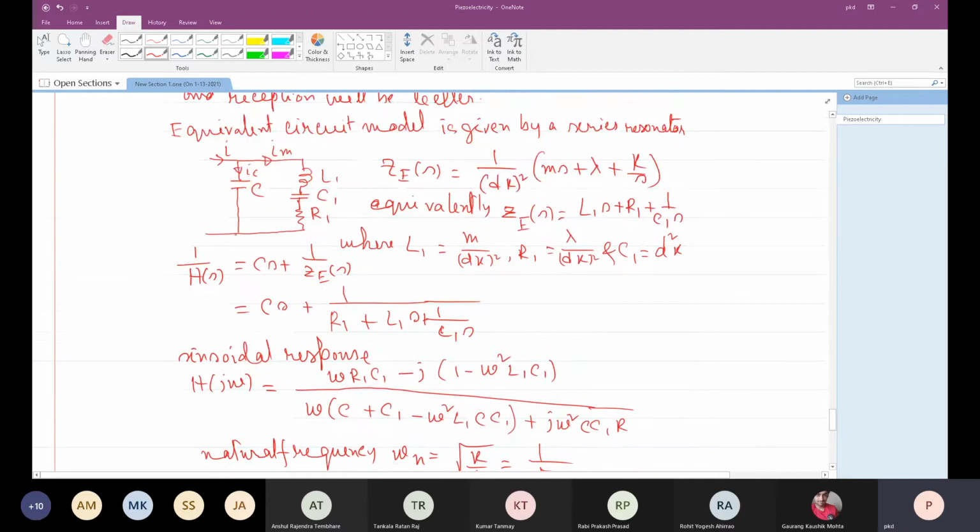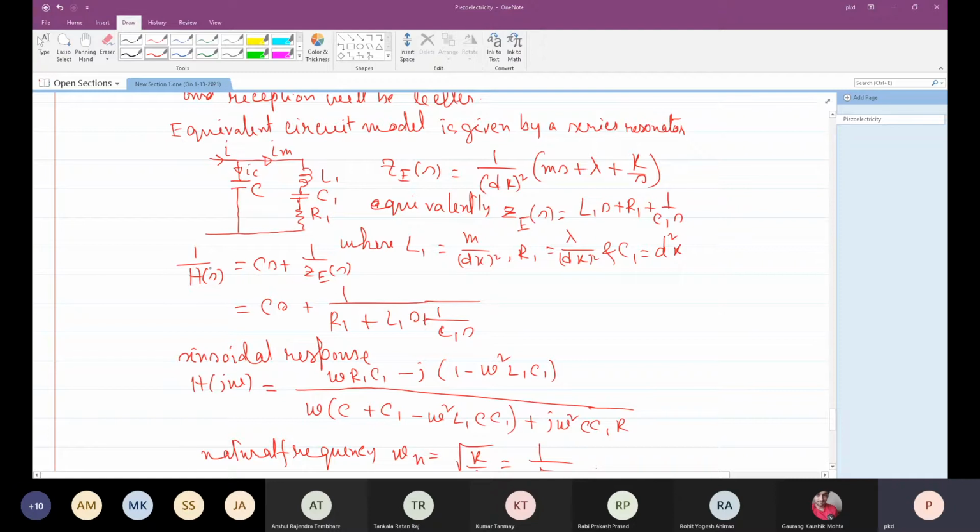Sinusoidal response. This is the circuit. We have given I here. So that way we have JDS is one term, and another is CS. So this is the admittance term, 1 by HS. So HS is nothing but the impedance that we have computed, because we have given input as I and are taking the output as voltage.